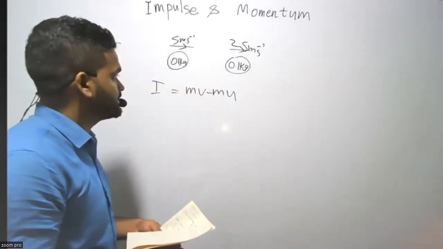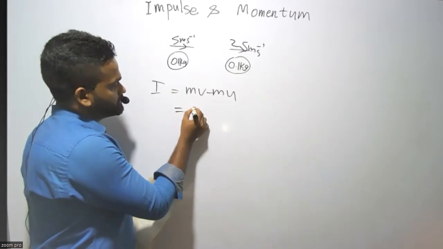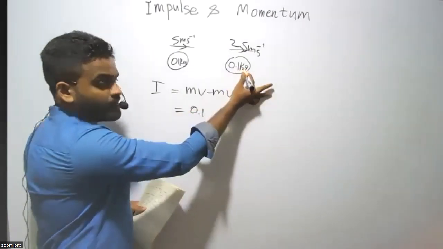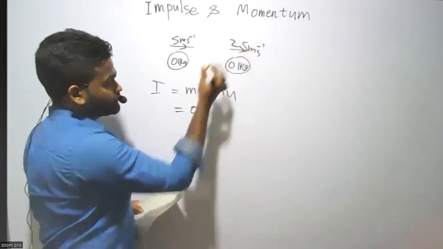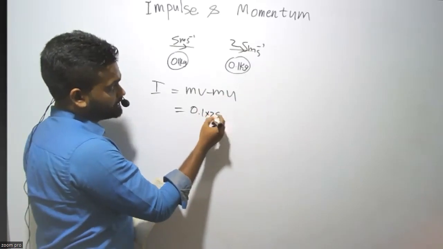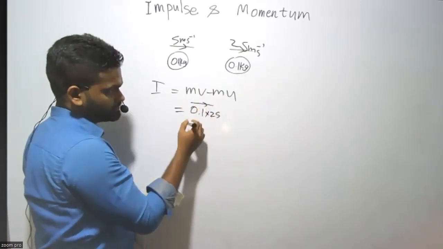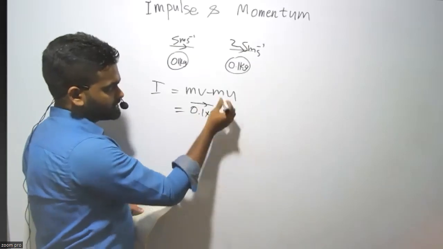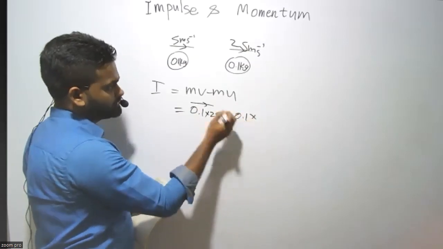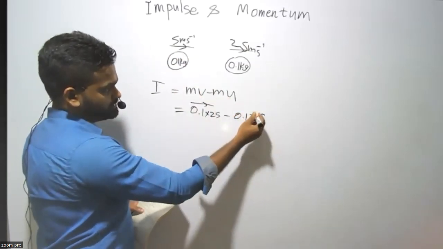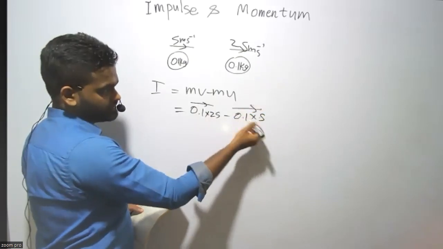Right, let's see. So the mass is 0.1. Velocity, this is the final velocity, right? 25. Direction is important. This direction. Minus mu. Mass is 0.1. Velocity 5. This is the initial velocity. So initial momentum.